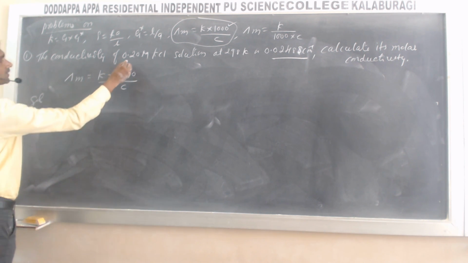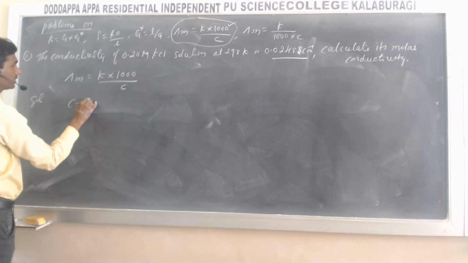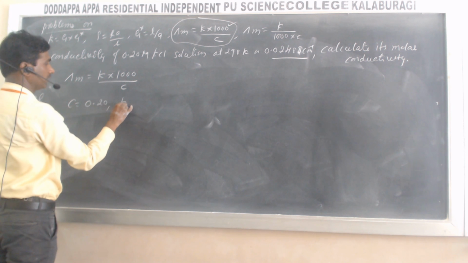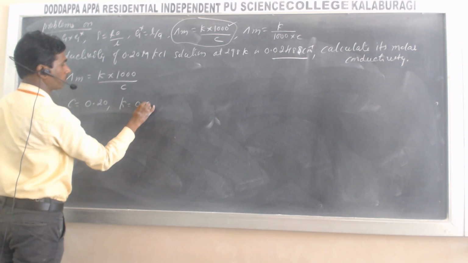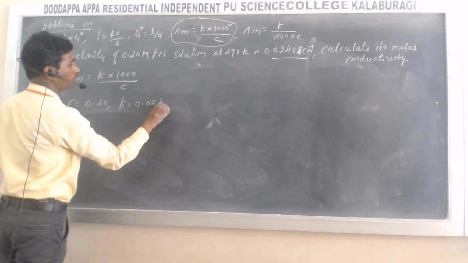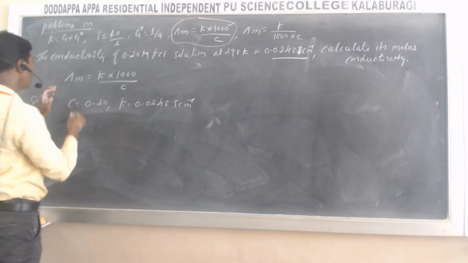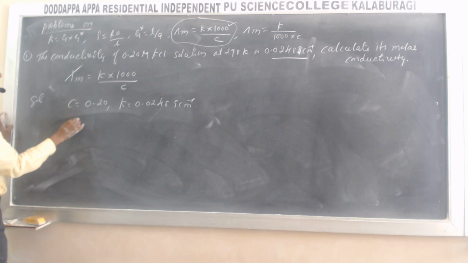Now the solution. C is the concentration, given as 0.20. The conductivity is 0.0248 Siemens per centimeter. You have to calculate the molar conductivity.